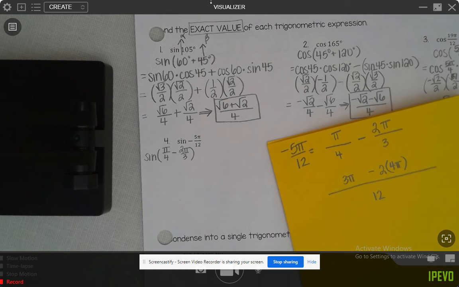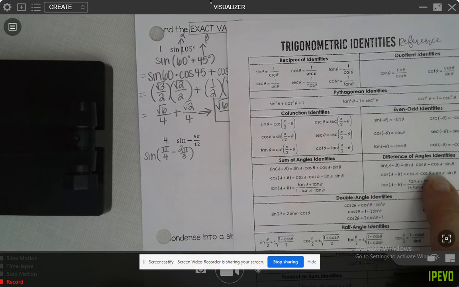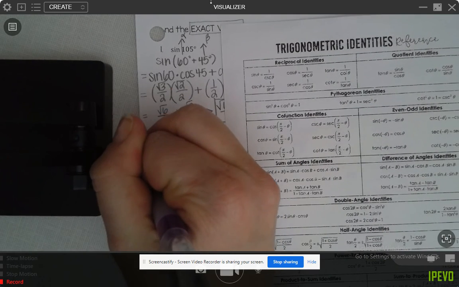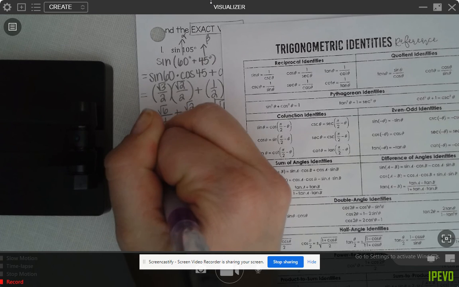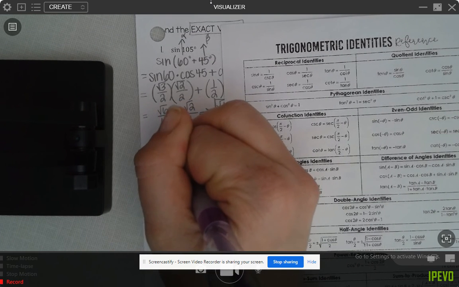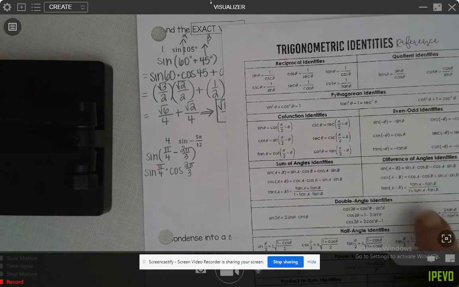And I believe you have the difference formulas on there too, don't you? Doesn't it say sine plus or minus on your paper? Oh no, they're all separated. Man, that is cakewalk. So now you're going to come over here. You're going to have the sine of alpha, so it's the sine of pi over 4 times the cosine of beta, so 2 pi over 3. Does everybody follow where I'm getting this? Is it negative?